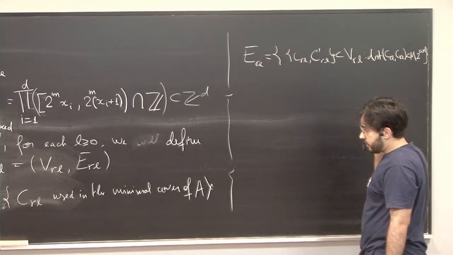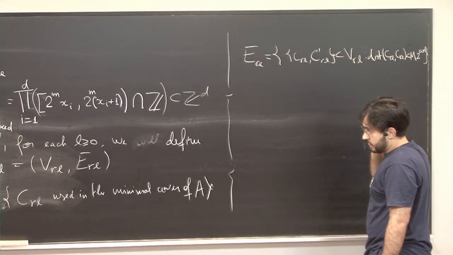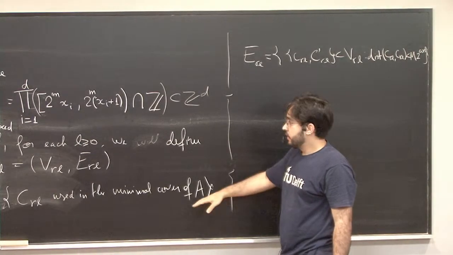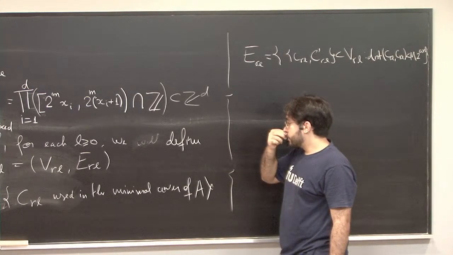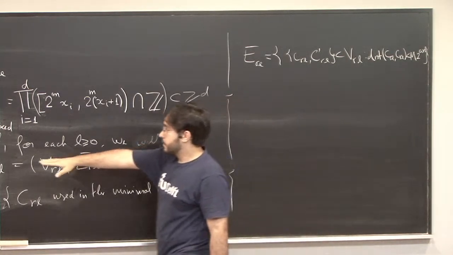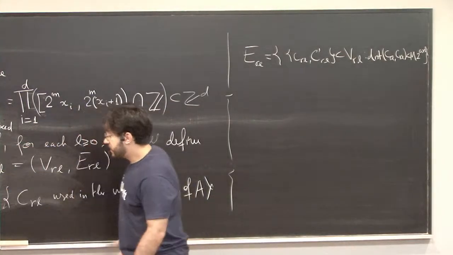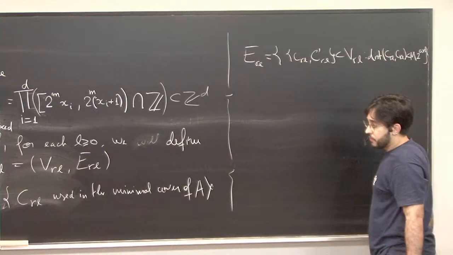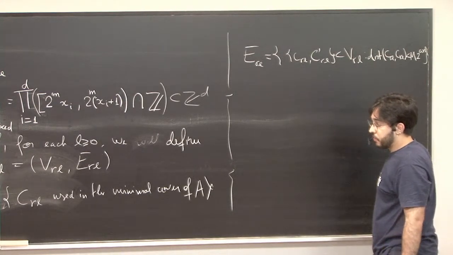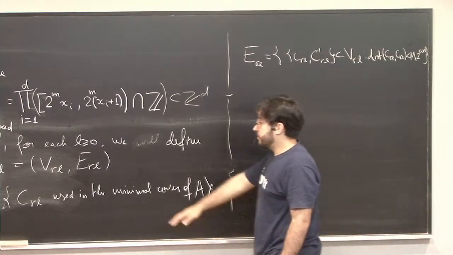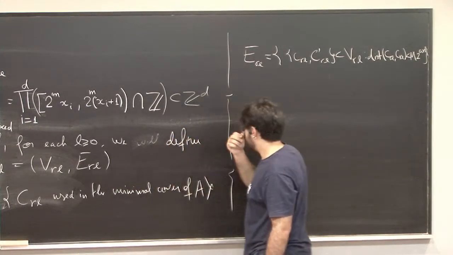So notice that this graph need not be connected because, of course, since the set is arbitrary, the distance can be much larger between each one of its components. So this graph is not necessarily connected.